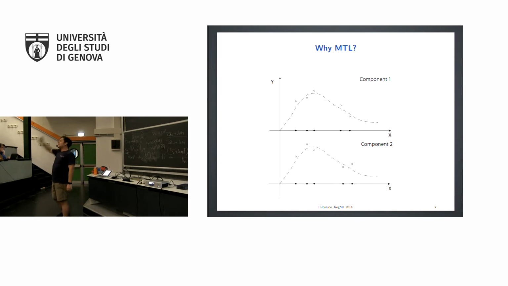Look now at the same plot I showed you before, but in the case of vector-valued regression. What's different? In this case, it's not like I have different coverage of the input space. In fact, I have the same inputs, right? It's just that for each input, I have two outputs. This is a bit of an extreme case. What you see is that the inputs are exactly the same, but the outputs are slightly different.